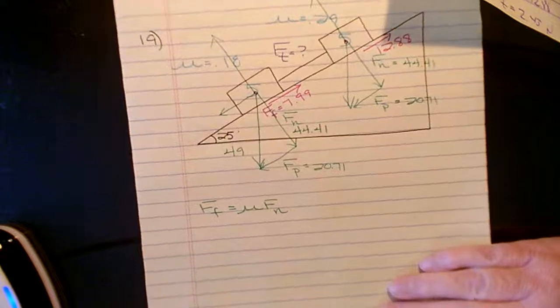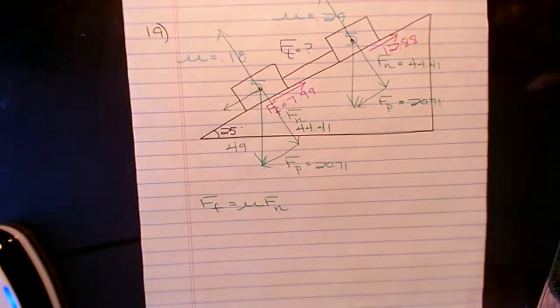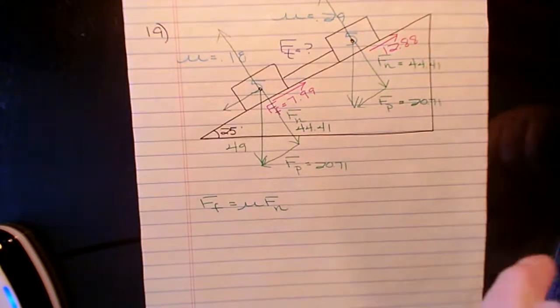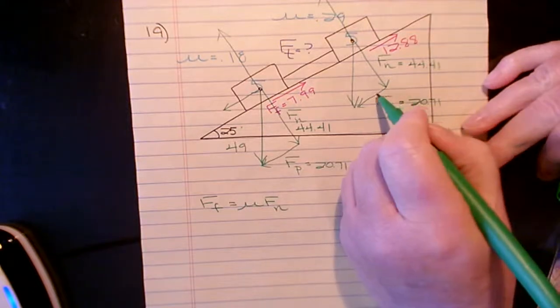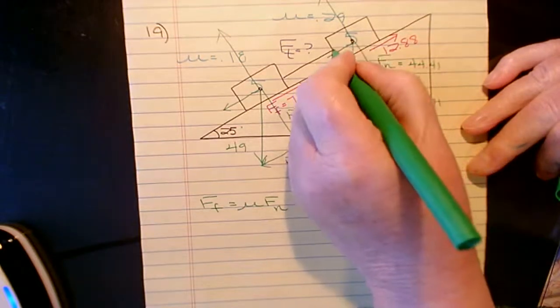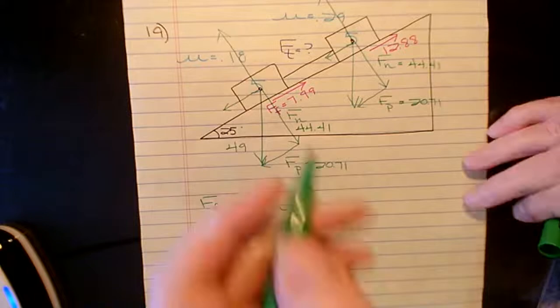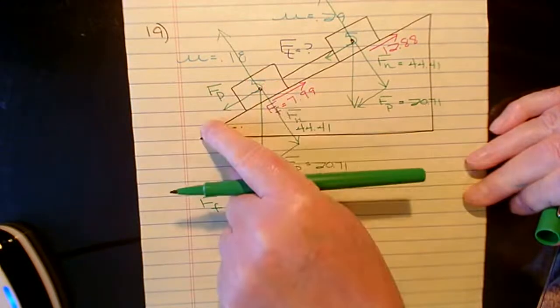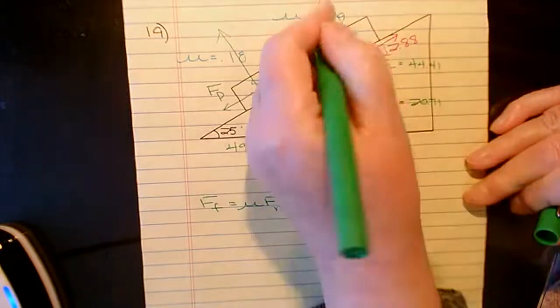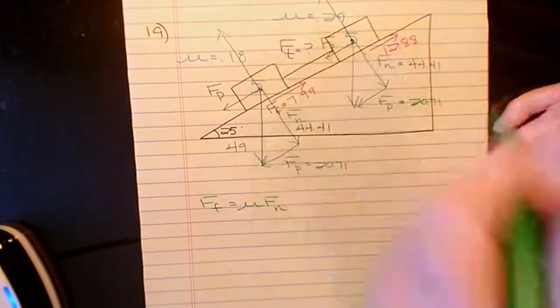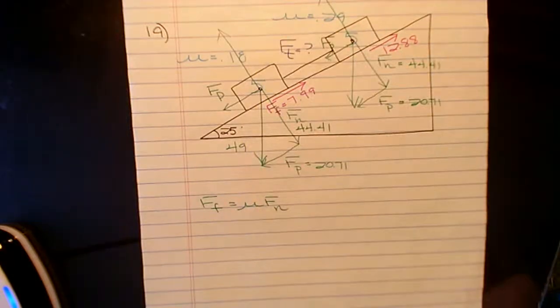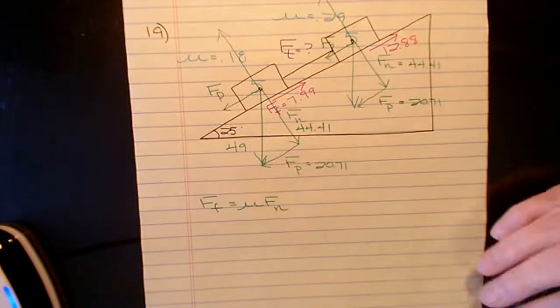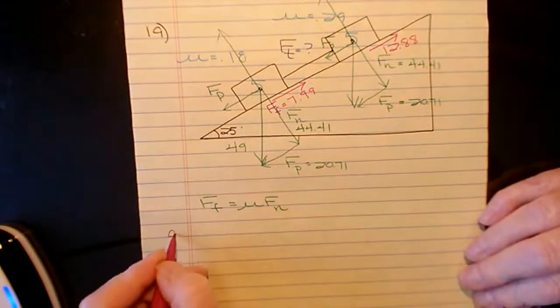I talk to myself and ask, what would be making this system move? I'm going to draw this FP up here. I have an FP from this picture and an FP from this picture, and those are the forces making the blocks want to slide down the plane.